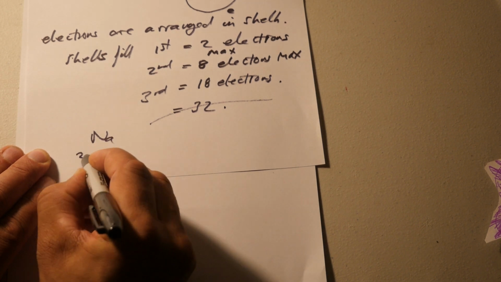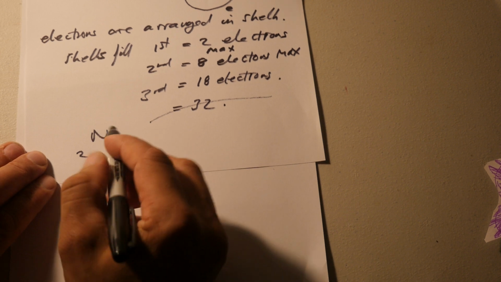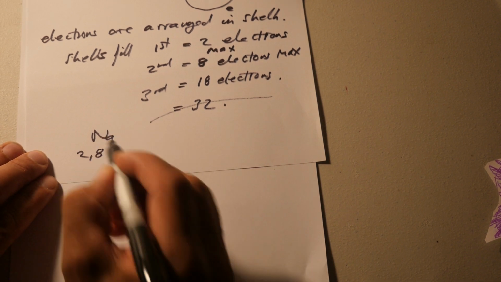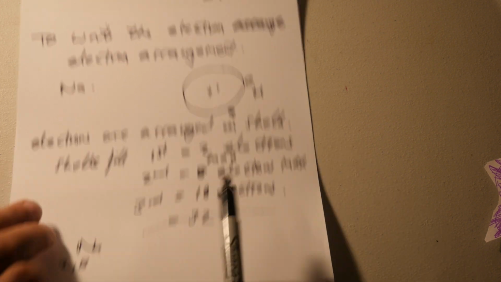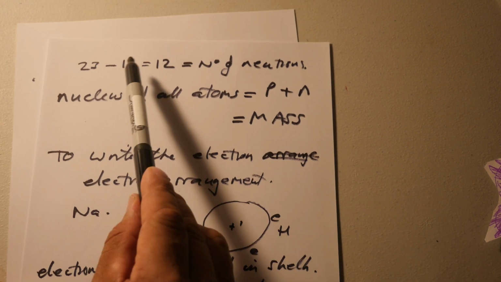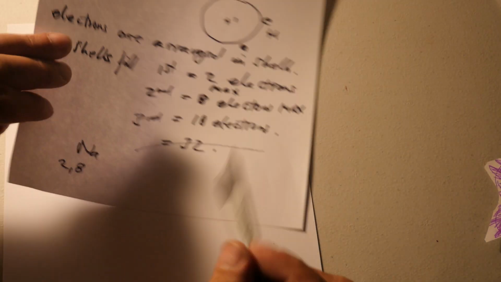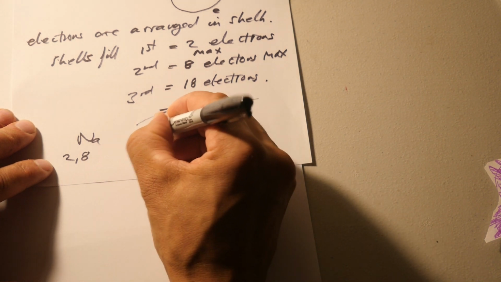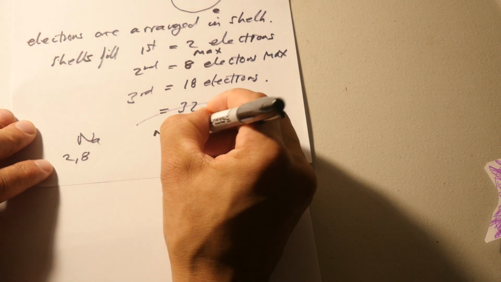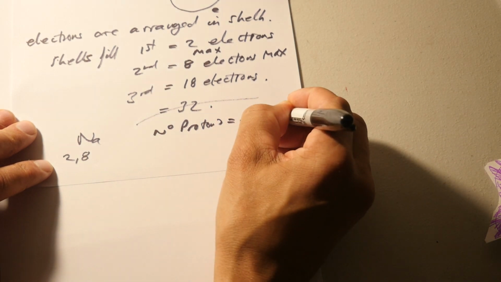So when you're doing sodium, the first shell is 2 electrons, okay? The second shell can be 8 in total, okay? But then we know it's got 11, because the number of protons equals the number of electrons, and there's a total of 11 protons, so there must also be 11 electrons, okay?